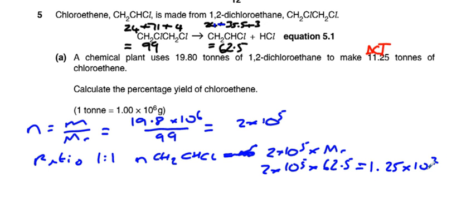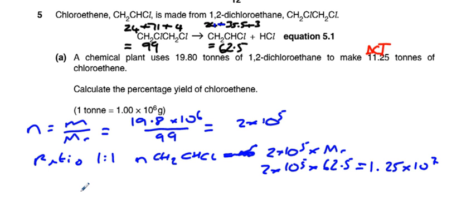Now that is the mass in grams, 10 to the 7, of what I would get theoretically here. What I now need to do is take my actual and divide it by my theoretical.